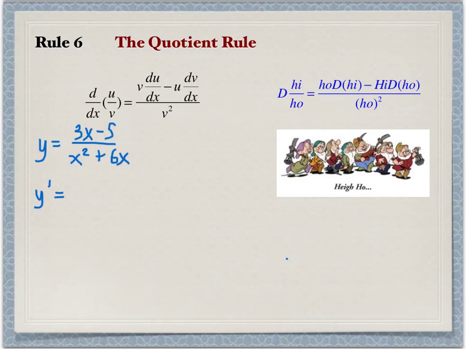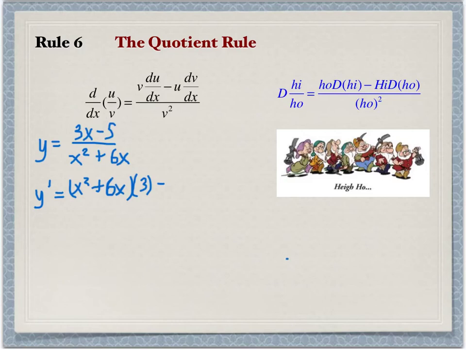Now I'm going to follow my goofy little rule here. So ho, that's my denominator, x squared plus 6x, times the derivative of the high, and the derivative of 3x minus 5 is just 3. Minus, now I go to the high d ho.